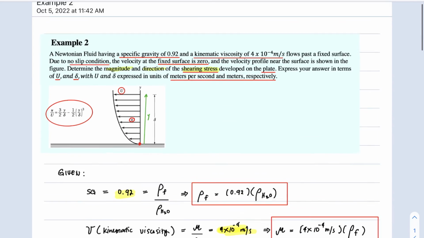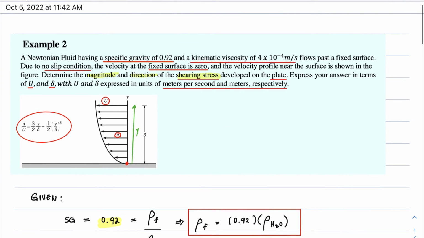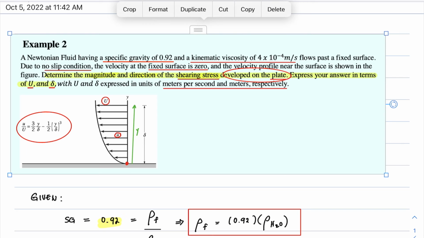Because take note, the problem is saying that you need to determine the magnitude and direction of the shearing stress developed on the plate. And it also says to express your answers in terms of U, and that is basically what we are doing. Now, the most significant thing that I would like to emphasize is developed on the plate.